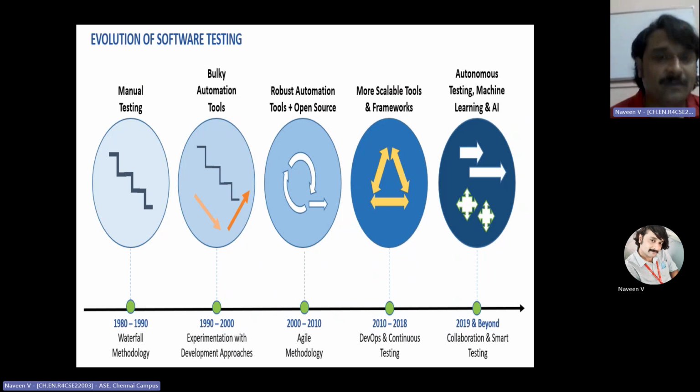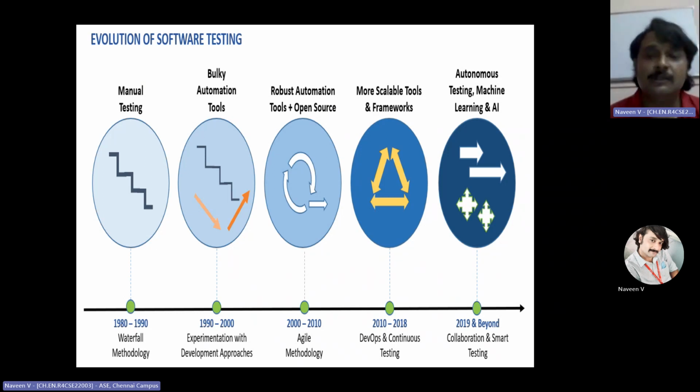Bulky automation tools were introduced from the late 1990s to 2000, when we experimented with many development approaches in software tools. Then came robust automation tools with open source technology and agile methodology from 2000 to 2010.